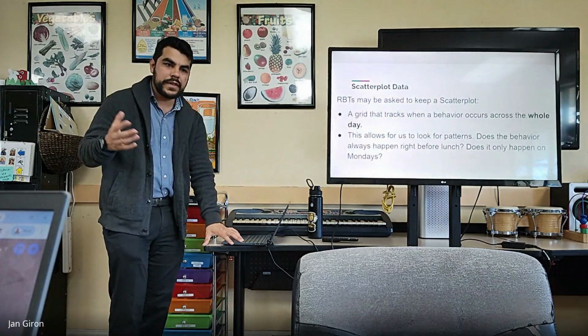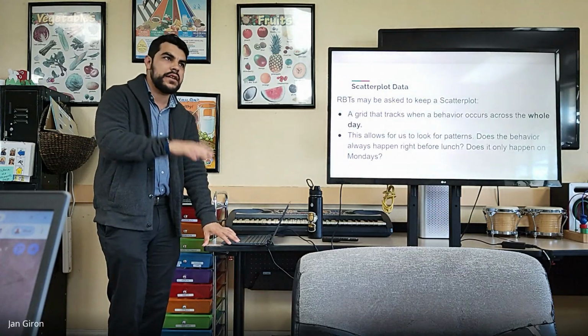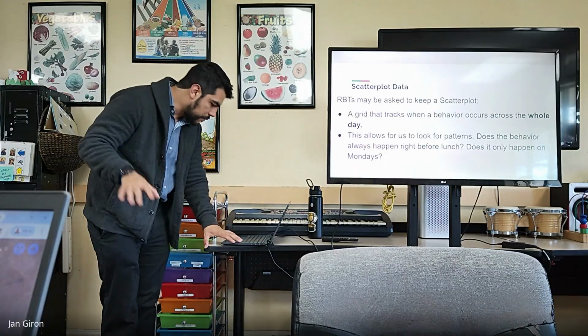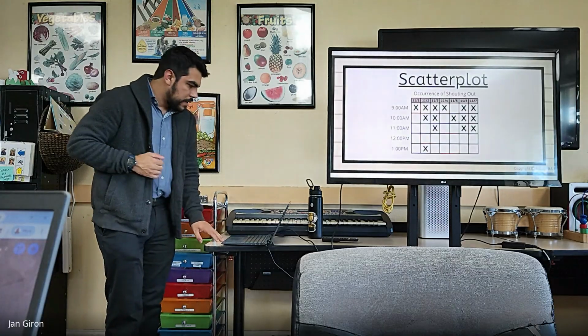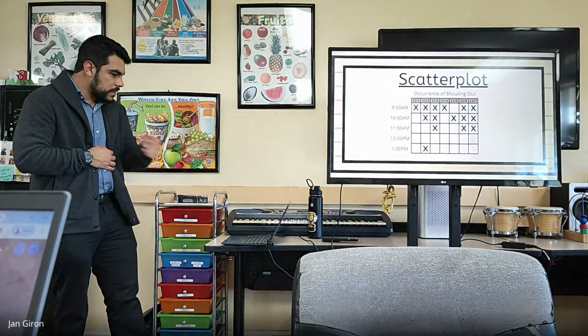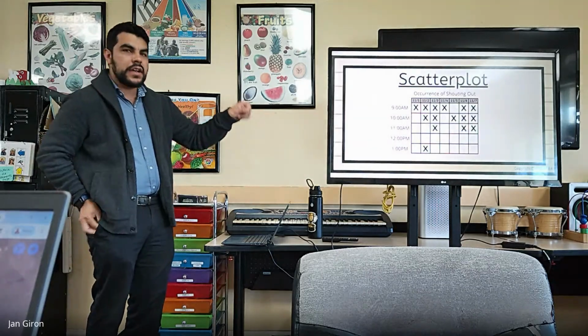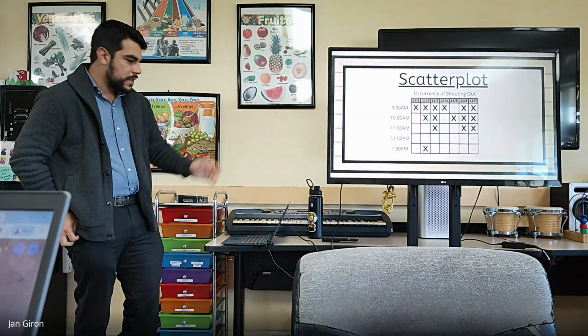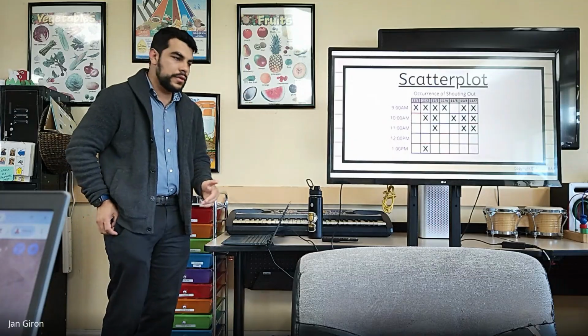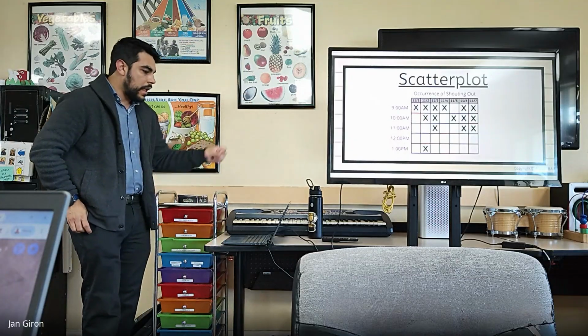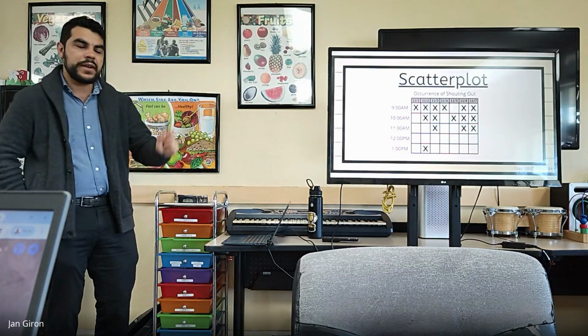And then same thing if it's happening on particular days, such as on Mondays or on Fridays or in the middle of the week. So this is a simplification of what a scatter plot looks like. Again, you just cross off if the behavior occurred at that point, just like a full interval recording. And from there, we can notice some patterns.